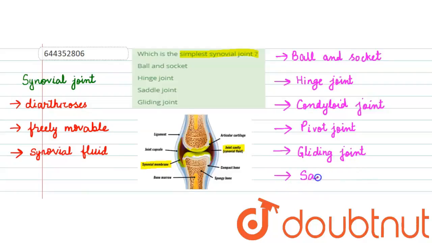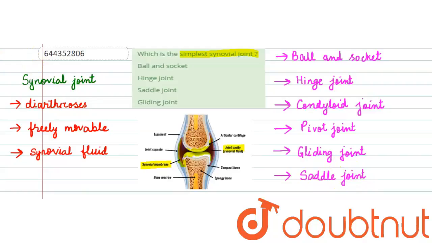And the last one is the saddle joint. Your saddle joint is actually the simplest synovial joint, and it is a joint that does not allow rotation. It does enable movement back and forth and side to side. An example is the joint at the base of our thumb, which is the saddle joint.